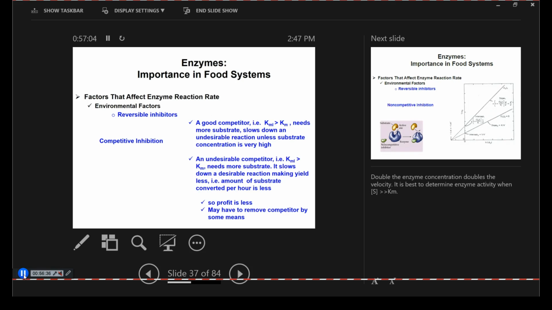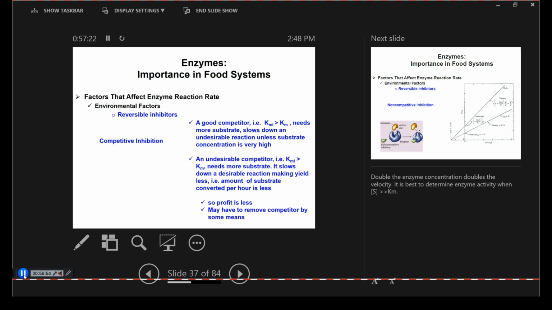So when we have a competitor, that means a good competitor, we end up having a higher Km value in the presence of the inhibitor, so we need more substrate to slow down an undesirable reaction.